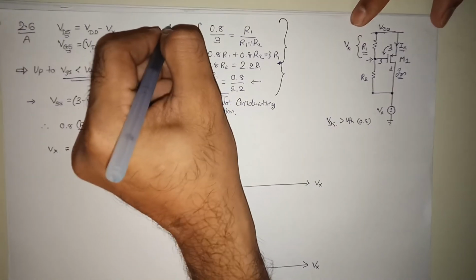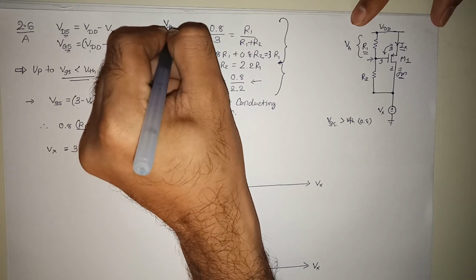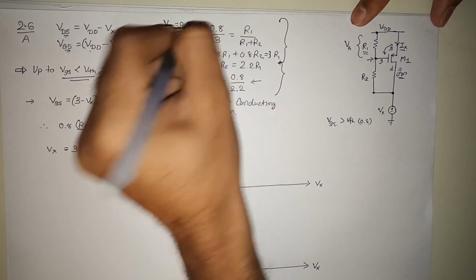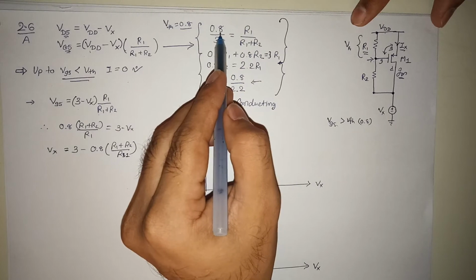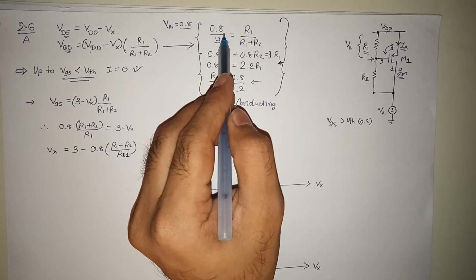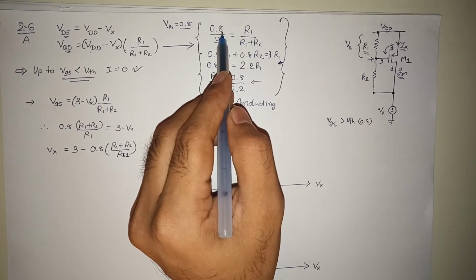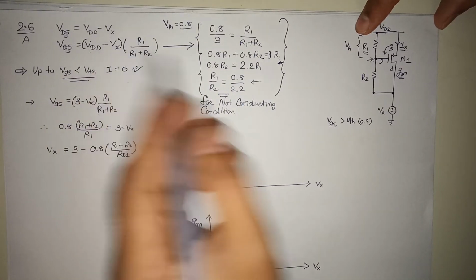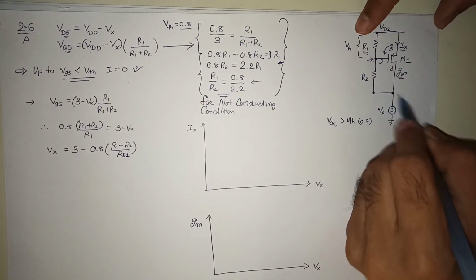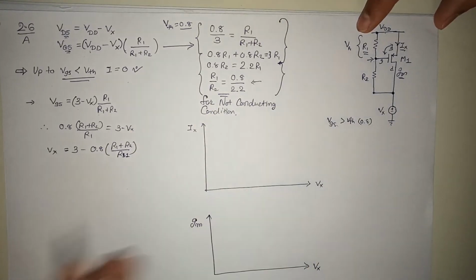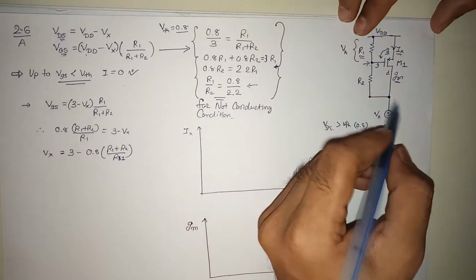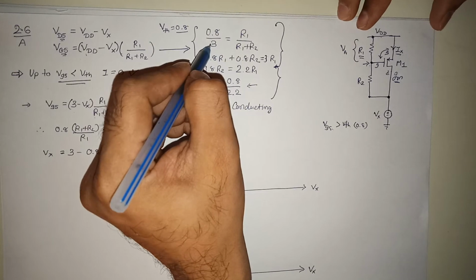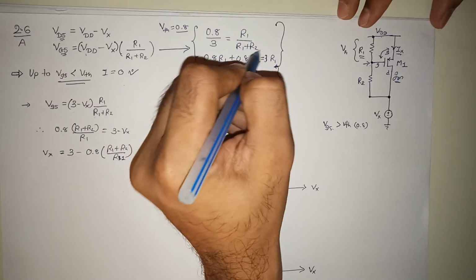So from table number 2.1 you can see that VTH is 0.8 for PMOS. So we are putting the lowest value of VGS such that some current will flow: 0.8 by 3. I am assuming VX is 0 here to have the extreme case. So 0.8 by 3 is equal to R1 upon R1 plus R2.